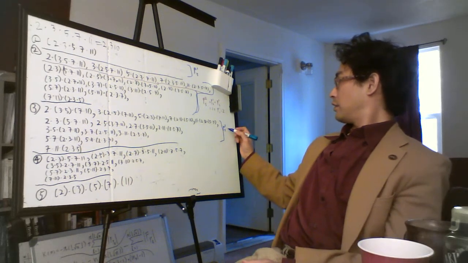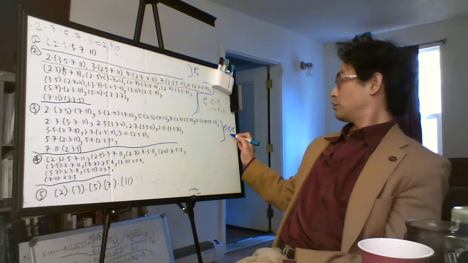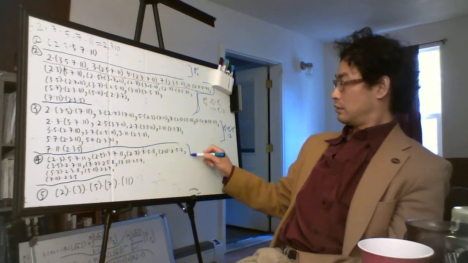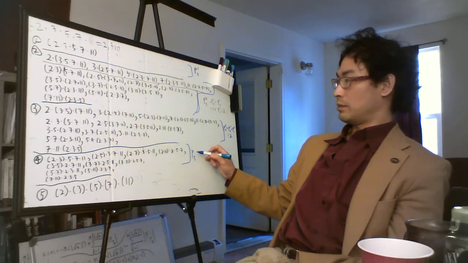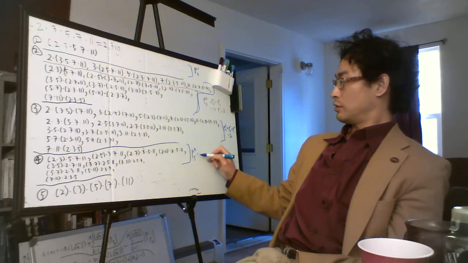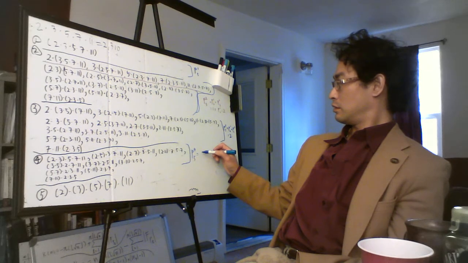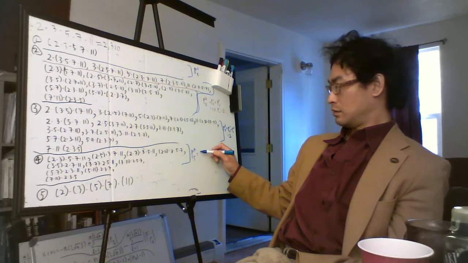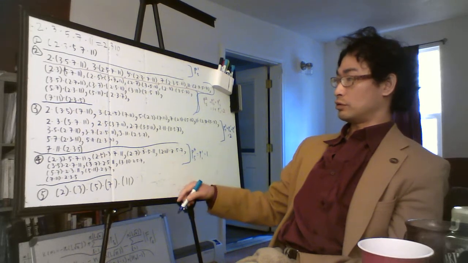So P5,3 is equal to P2,1 plus P2,2, which is 2, okay? Now here, you express 5 as the addition of 4 numbers. That's P1,1. So that's 1. 1 plus 1 plus 1 plus 2.